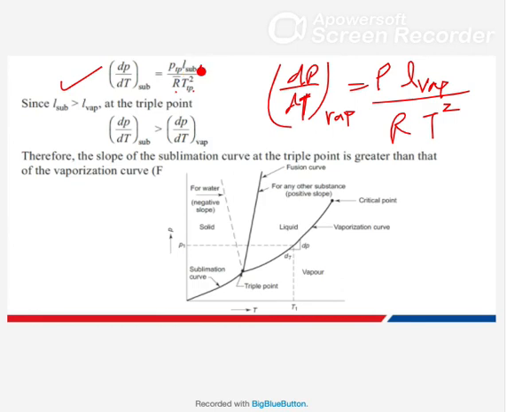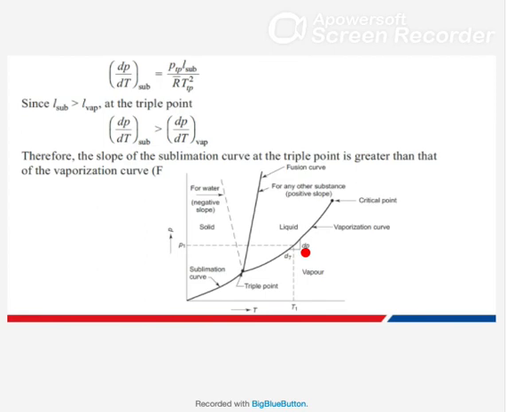Now you know heat of sublimation is equal to heat of vaporization plus heat of fusion. So obviously sublimation heat is more than vaporization. If sublimation heat is more, then dp by dt of sublimation will be more. So at triple point, the slope of sublimation curve is more than vaporization curve. Clear?